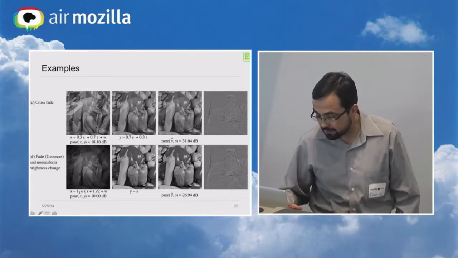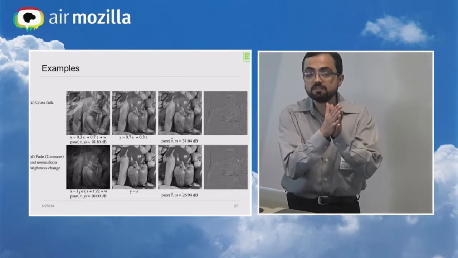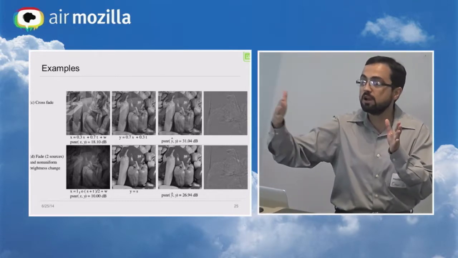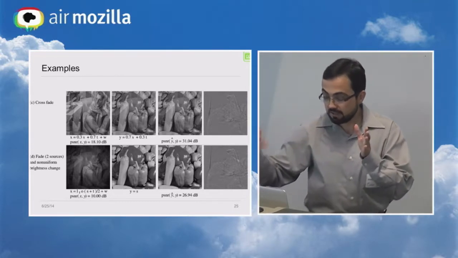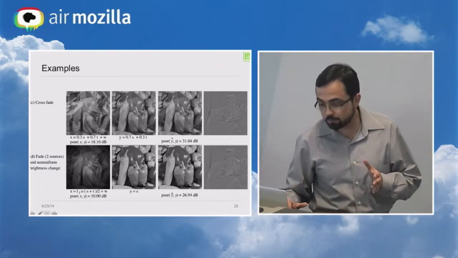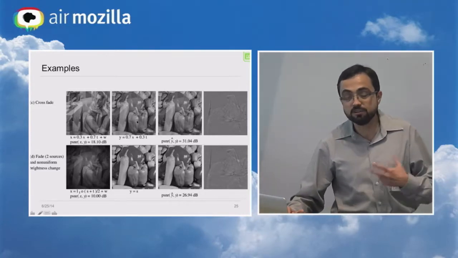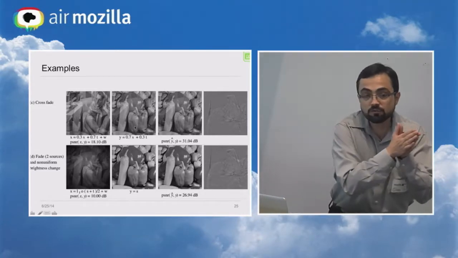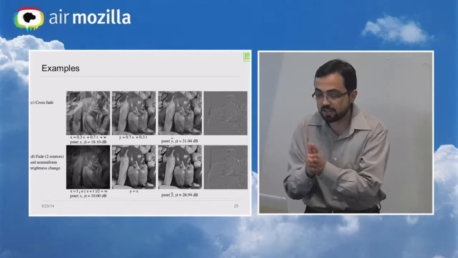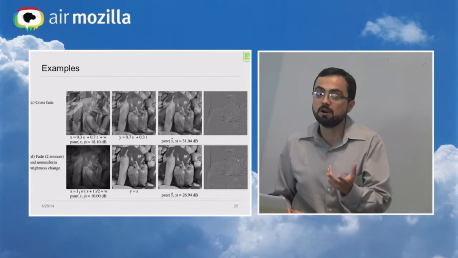Here, previously what we had was the blend, right? And then the next picture was one of the blending things. Now we're making it more complicated. This one is 0.3 peppers plus 0.7 Barbara. The next picture, we're going through a crossfade transition now. The next picture is 0.7 peppers plus 0.3 Barbara.